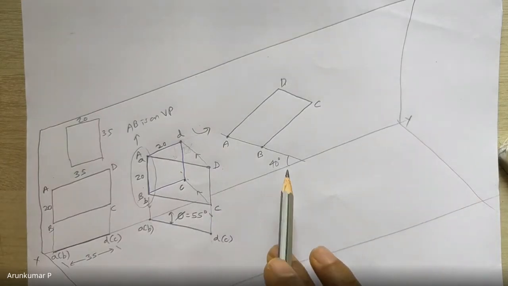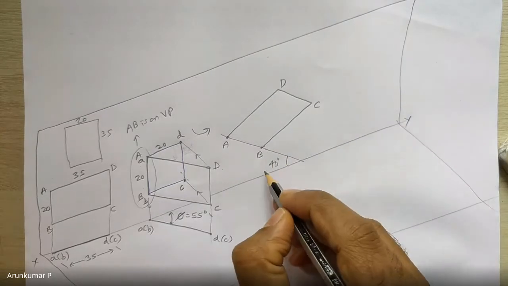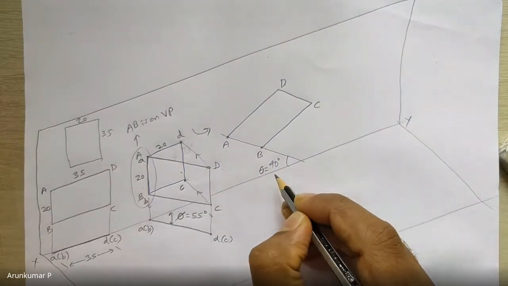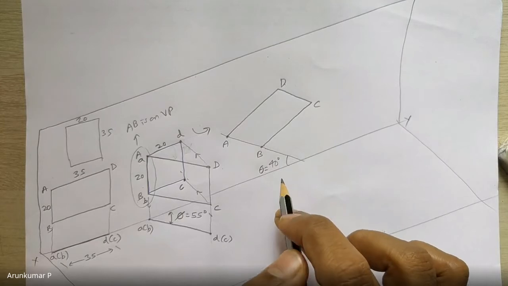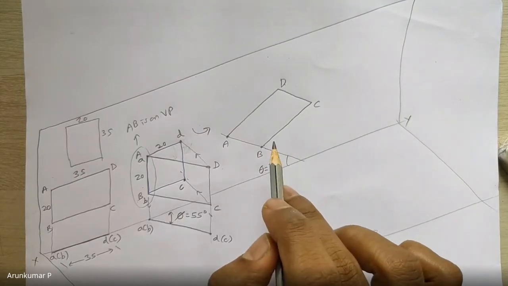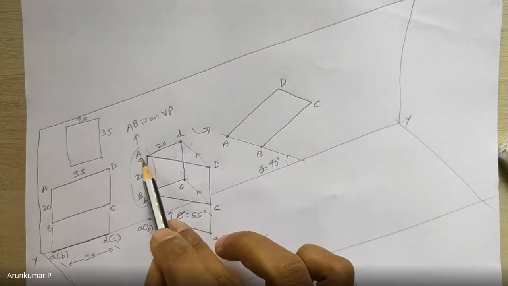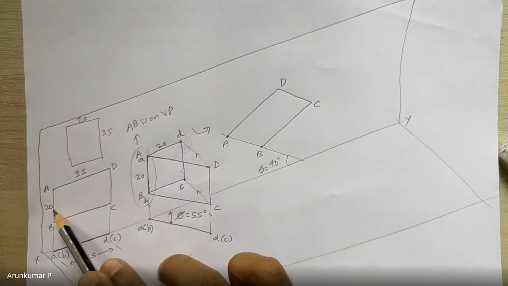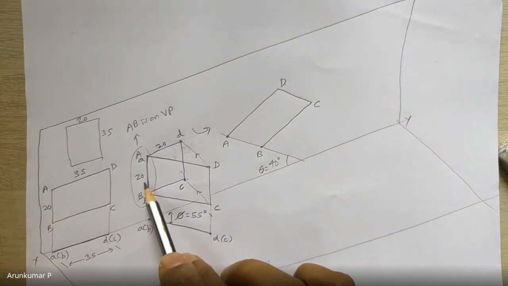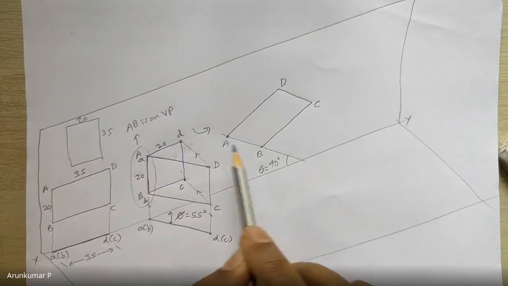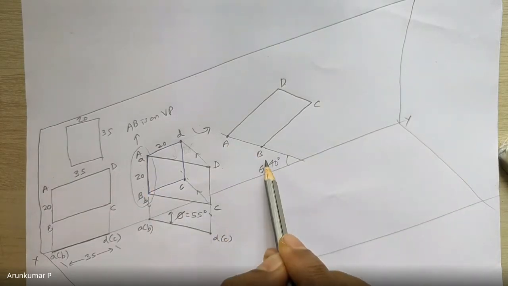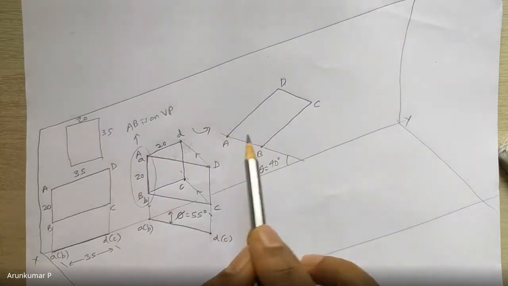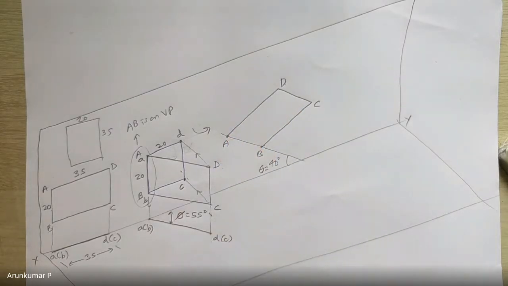Now this 40 degrees is a theta value because the shorter edge is inclined at 40 degrees. The only thing you have to understand is whether the shorter edge reduces in length in the second step front view. It was 20 mm. Is it still 20 mm? Yes, it is 20. So can you keep a true length on a true inclination? You can. So this is not a locus problem. So here also the locus issue would come.